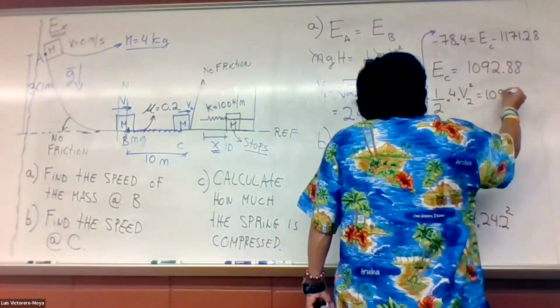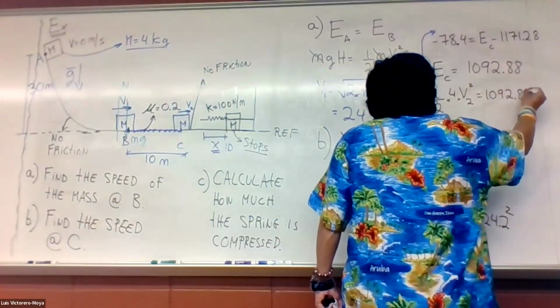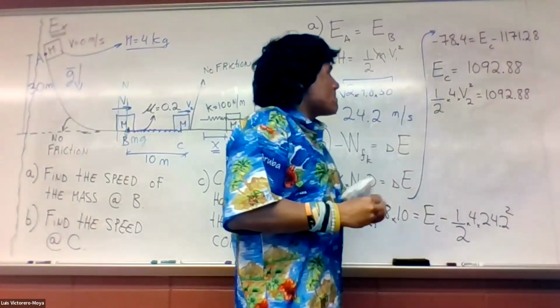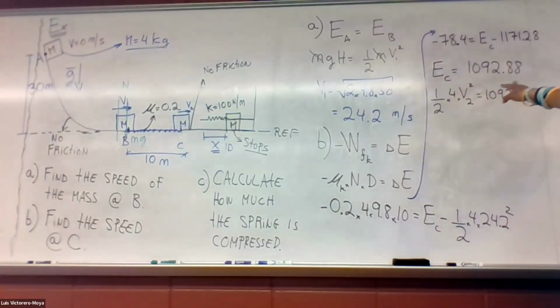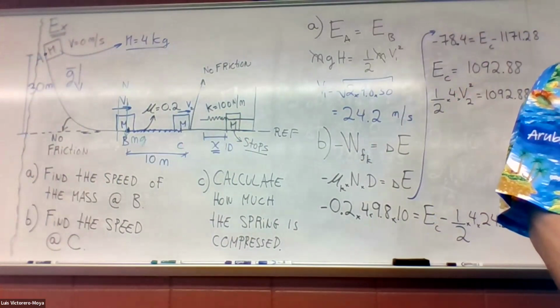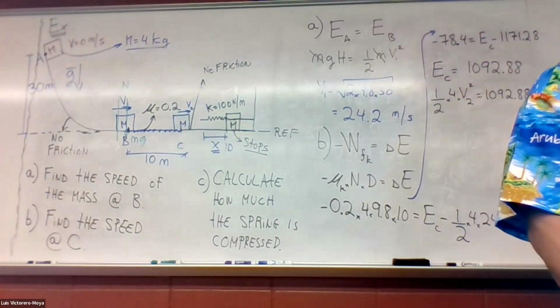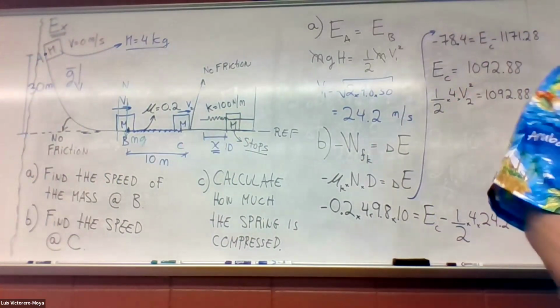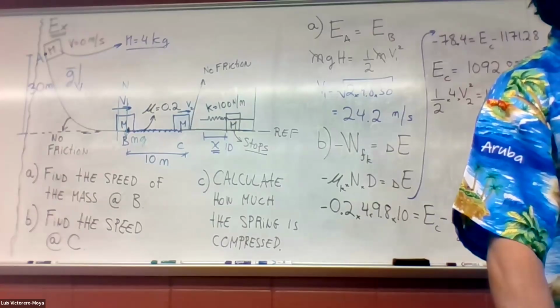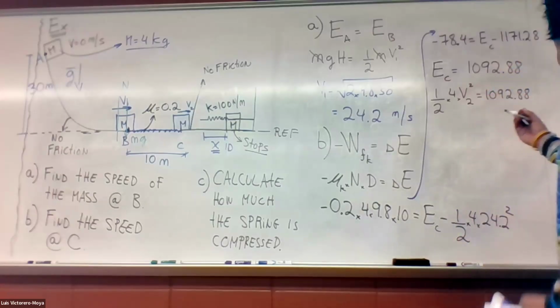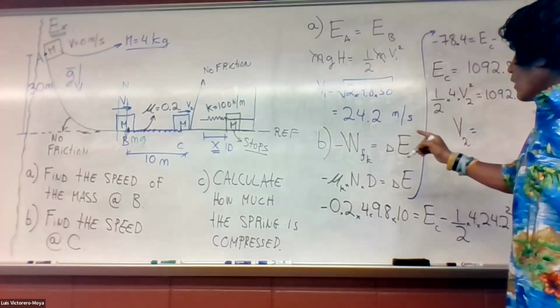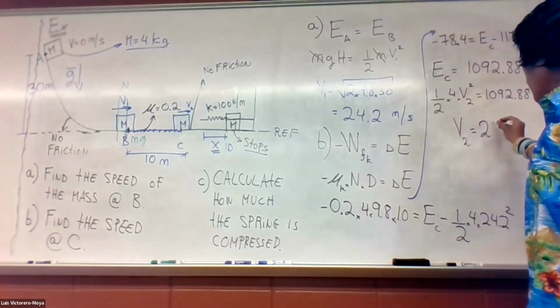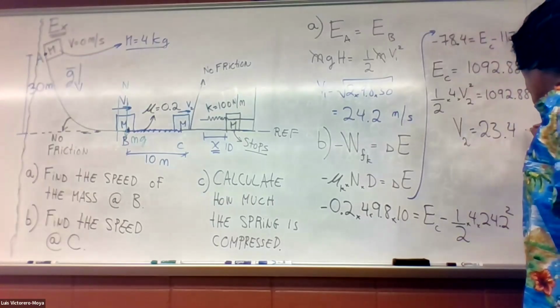There you are. How about that? So if I solve for that, right? I get 23.4. So it gets reduced, not by a lot, almost by 1 meter per second, but it gets reduced.